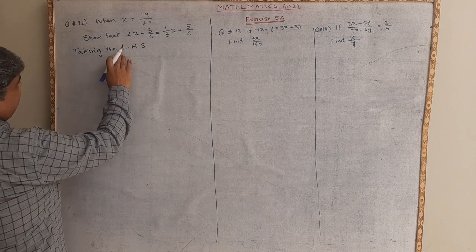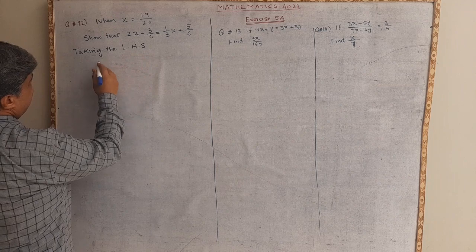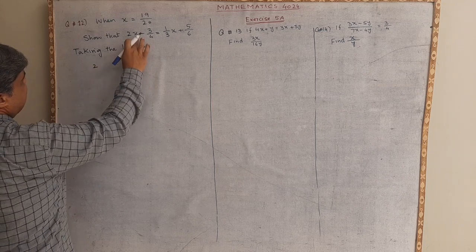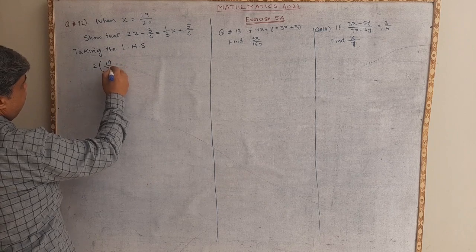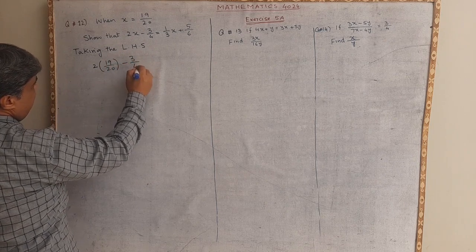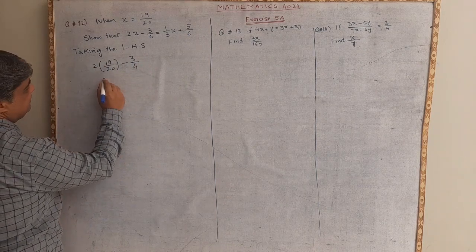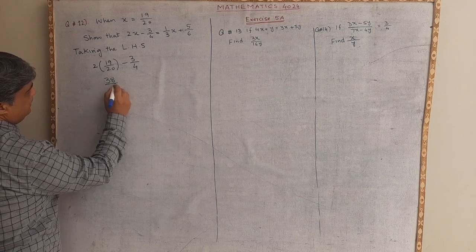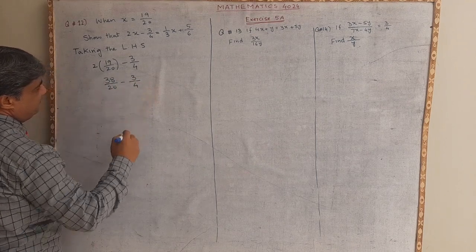Okay, first of all, we have to take the left hand side, and that is 2, and instead of x we have to put 19 divided by 20 and minus 3 over 4. Now let's simplify it: 2 nineteens are 38 divided by 20 minus 3 over 4.